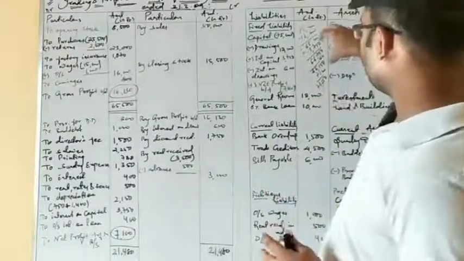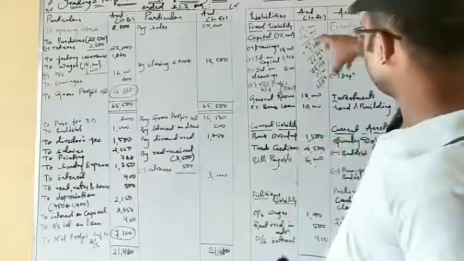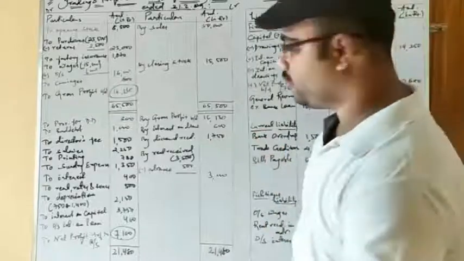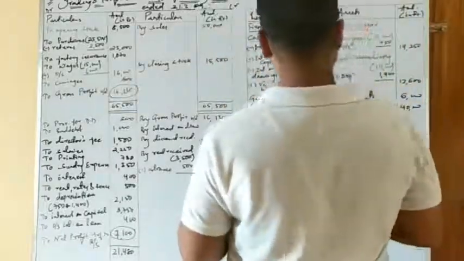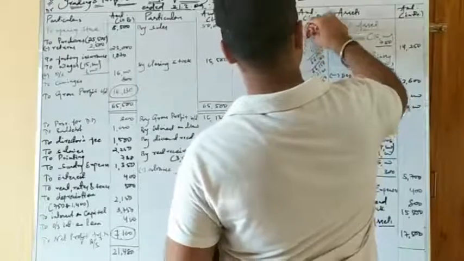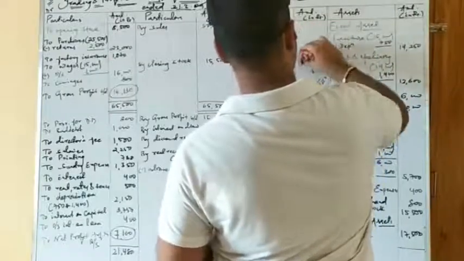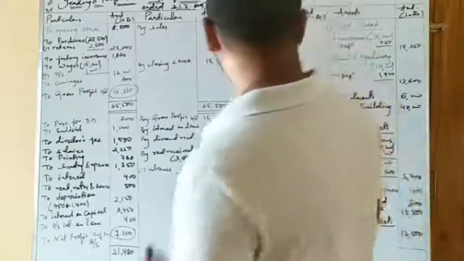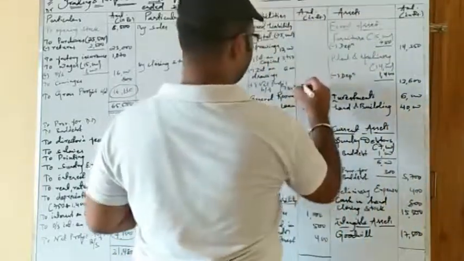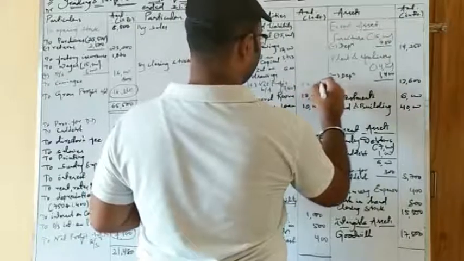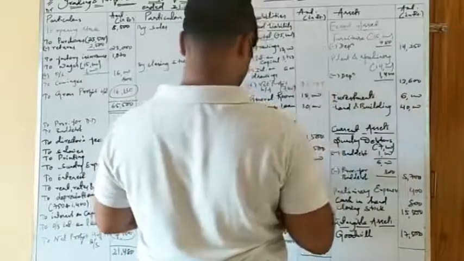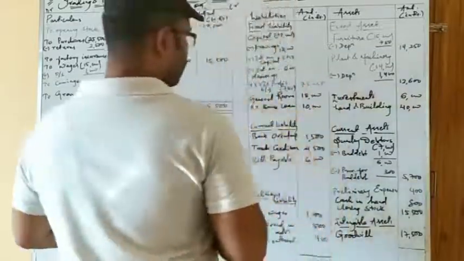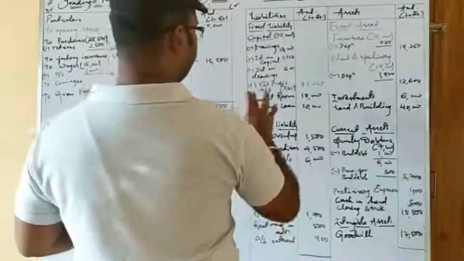Because of the marker problem, you will not be able to see this, but I insist you go for calculation of the adjusted capital again in your rough area. So this value comes to 73,250. So let us write here 73,250. Now let us check the total whether we are getting it or not.